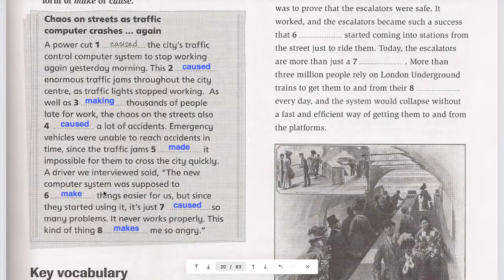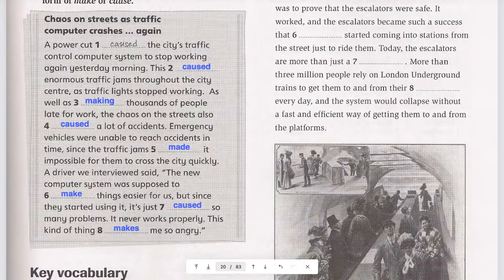Because after the word supposed to, we need the infinitive form of the verb, the base form of the verb. Why? That's just the structure of the grammar. They go together like that. Was supposed to do something.